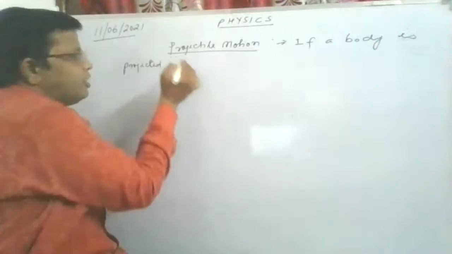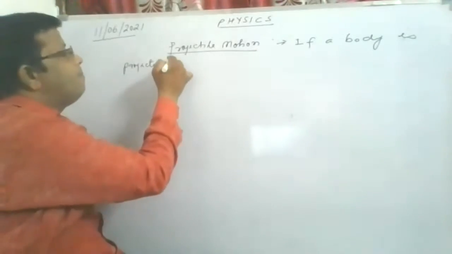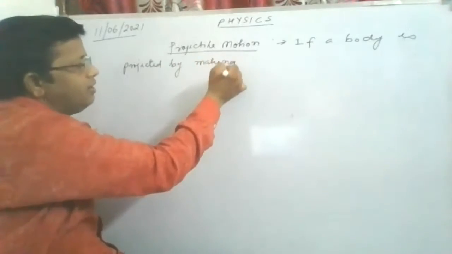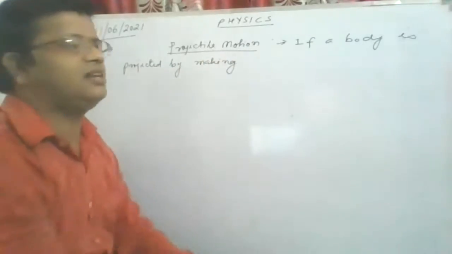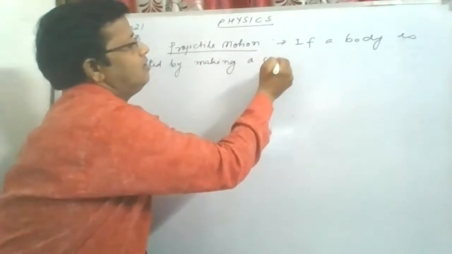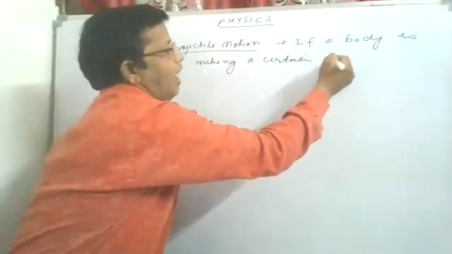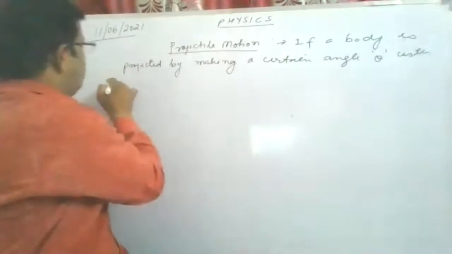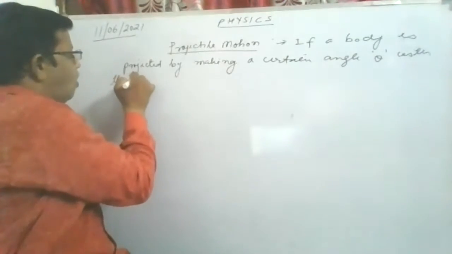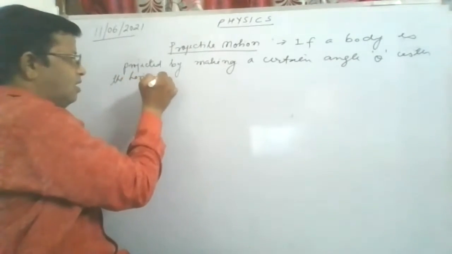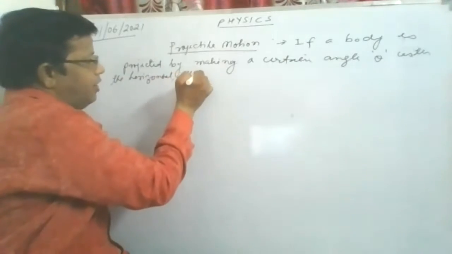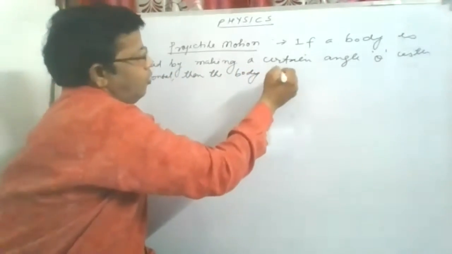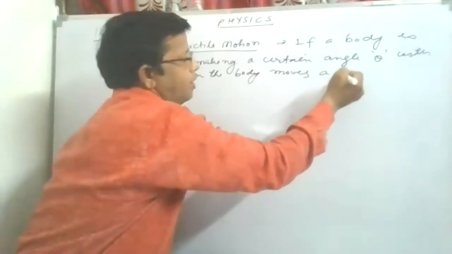If a body is projected by making a certain angle theta with the horizontal, then the body moves in a parabolic path.